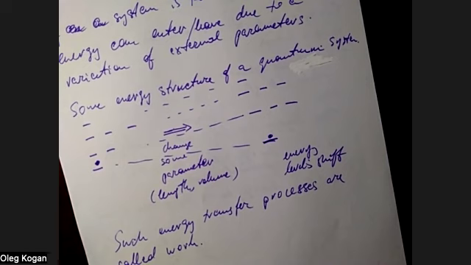We will come up with some sort of expressions for the amount of heat and the amount of work involved in a particular energy transfer process. We will discuss the idea that heat must accompany entropy change in the bath and in the system. But work does not involve any entropy change.